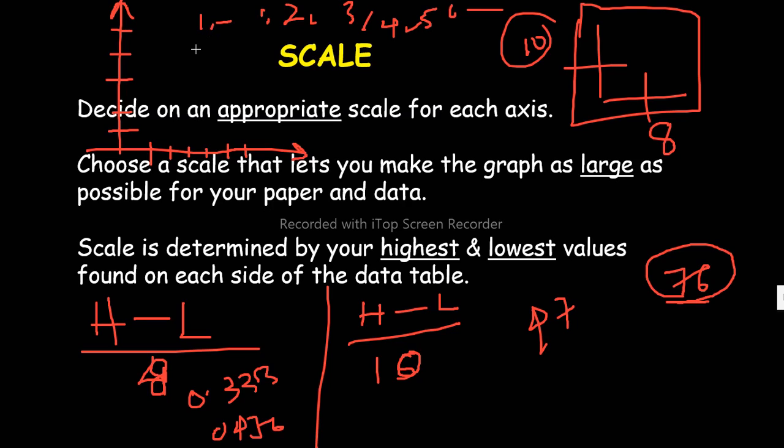Or the range should be in multiples of 2. That's why you're going to write 2, and then 4, and then 6, and then 8, 10. Or in multiples of 5. Okay? That is, say, 5, 10, 15, 20, and so on.